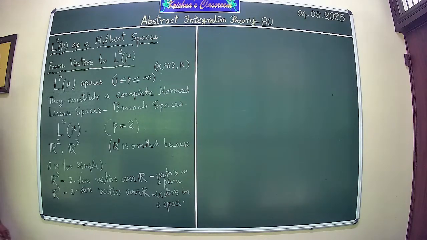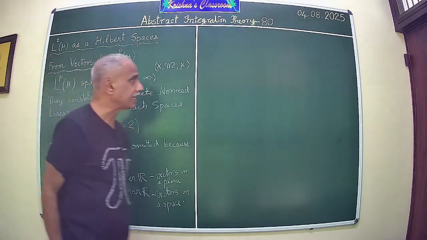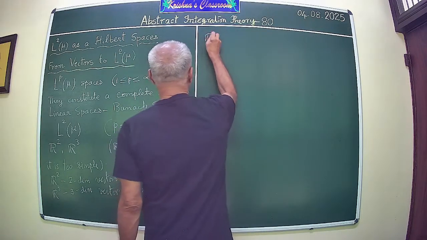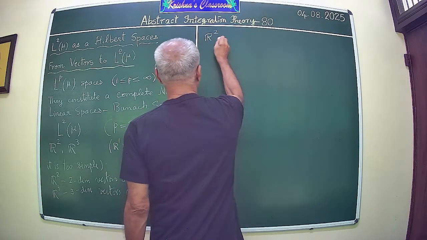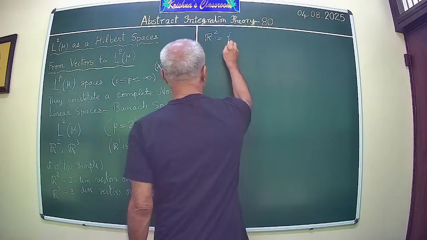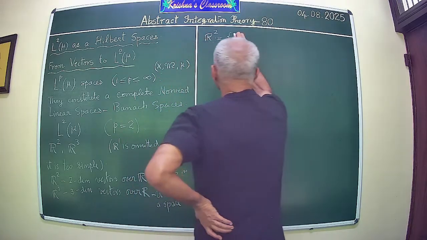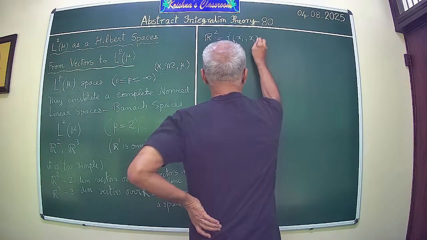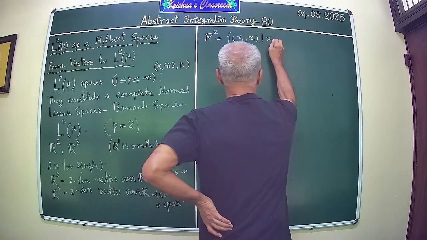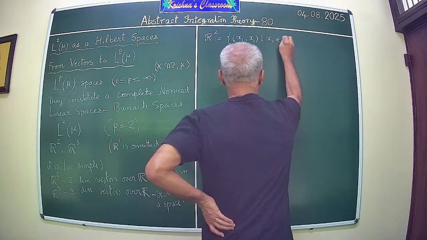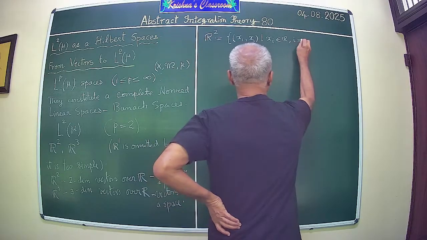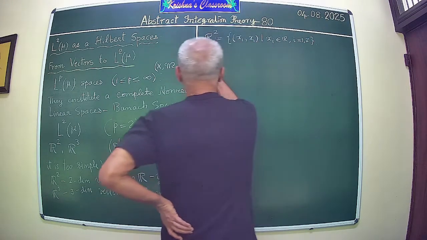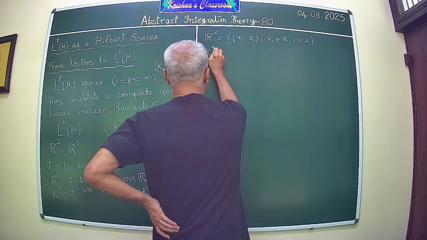Okay. Now let me just formally write what it is. R2, with respect to a certain basis, is the ordered pair x1, x2. So also R3 is the ordered triple.